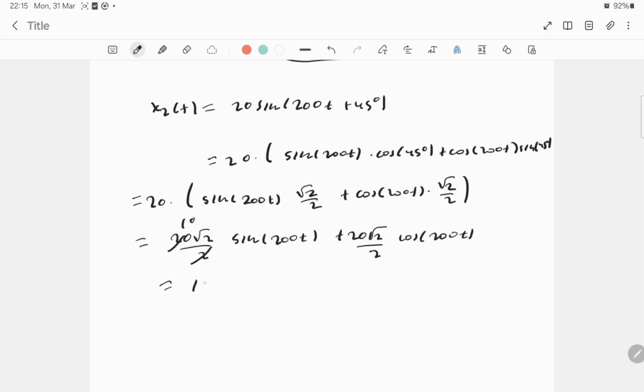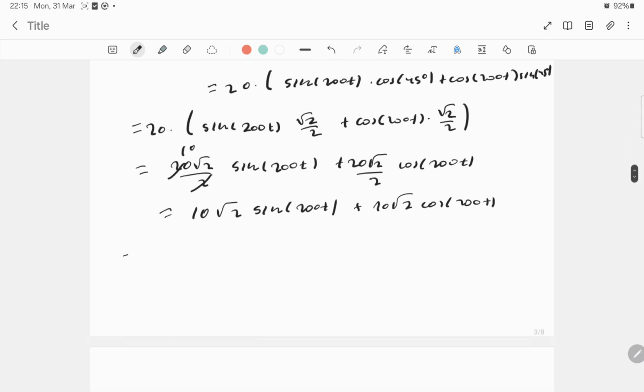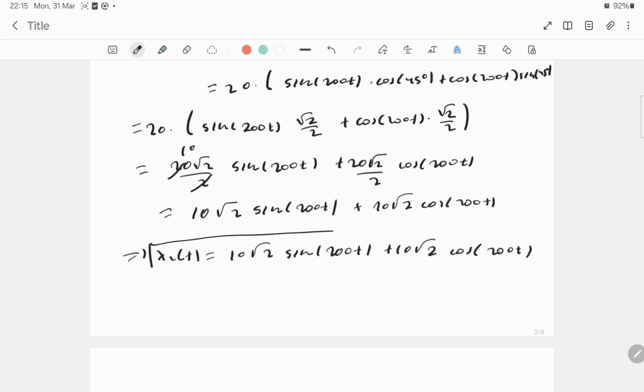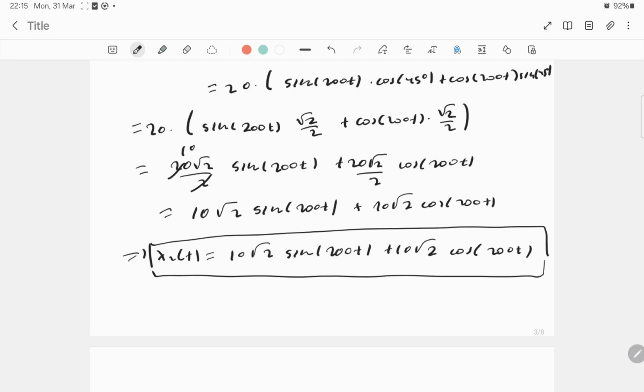So what I get at the end of the day is 10 square root of 2 sine 200t plus 10 square root of 2 cos 200t. So I have broken my signal into two wave components, that one and that one.